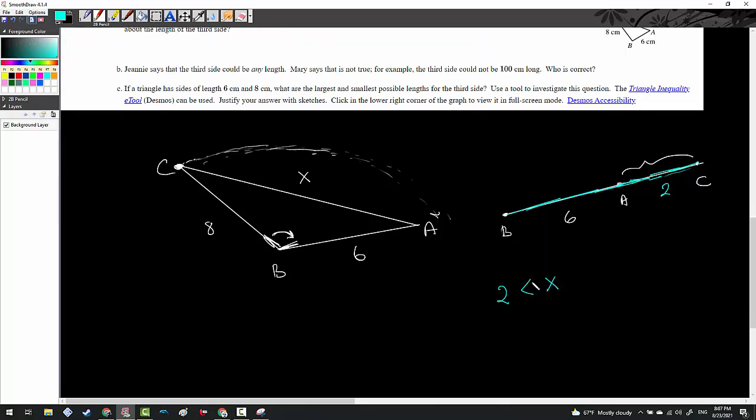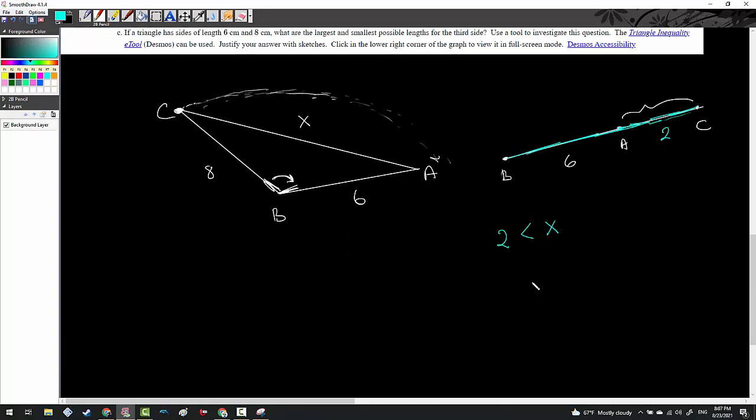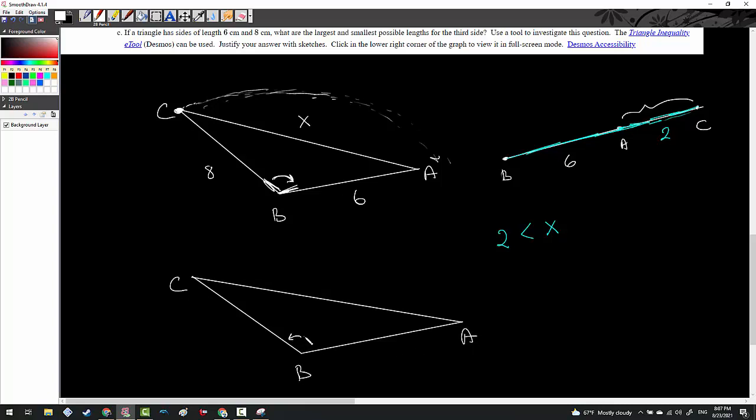Now, what if I went the other direction to find out how long this thing could be? What's the biggest distance I could have? I'll draw this diagram one more time. Instead of closing the angle, I'm going to open the angle, open this book so that it's completely straight across. I'll put the 8 down and the 6 here.